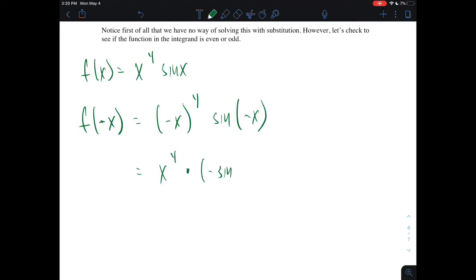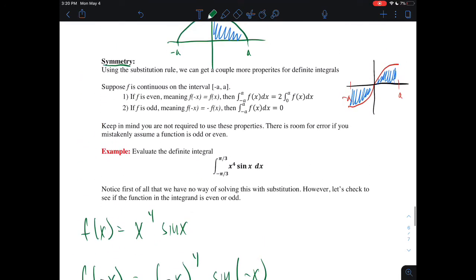So when you replace x with negative x, it's the same thing as negating sine x. And you can, again, try this out with sine of 30 degrees and sine of negative 30 degrees. You'll see that the results are opposites. So this actually ends up being negative f of x.